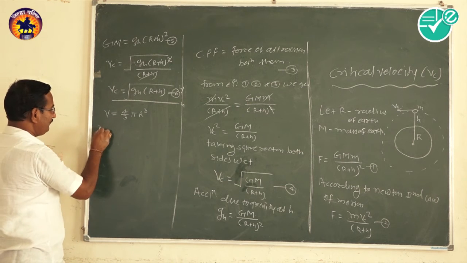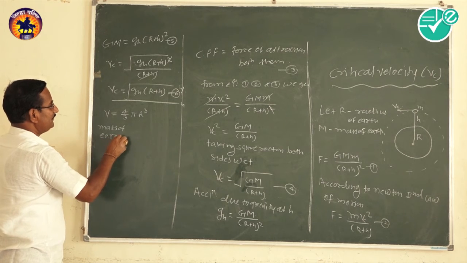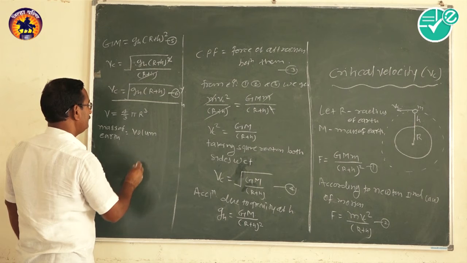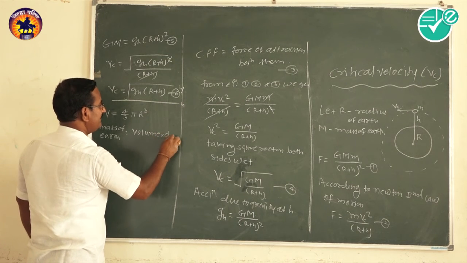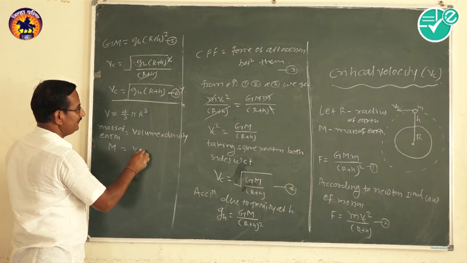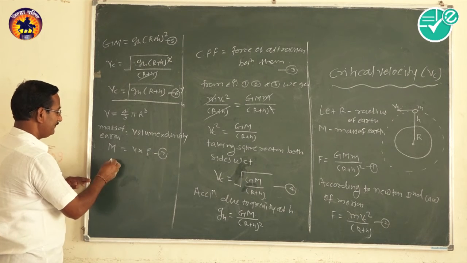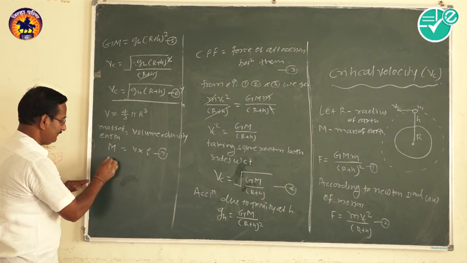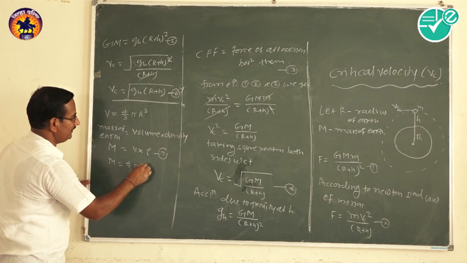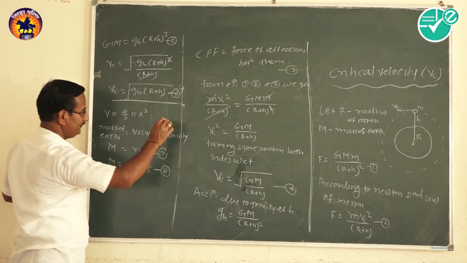But mass of Earth is equal to volume into density, that is M equals V into rho. That is equation 7. Then put the value of V in this equation: M equals 4 by 3 pi R cube into rho. That is equation 8.